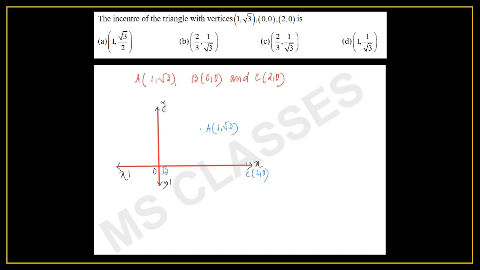Now if we join these points, we can understand that the AB length will be 2 units because it is the square root of (1 - 0)^2 + (root 3 - 0)^2, so that is 2. BC length will be 2 units, which we can understand directly.